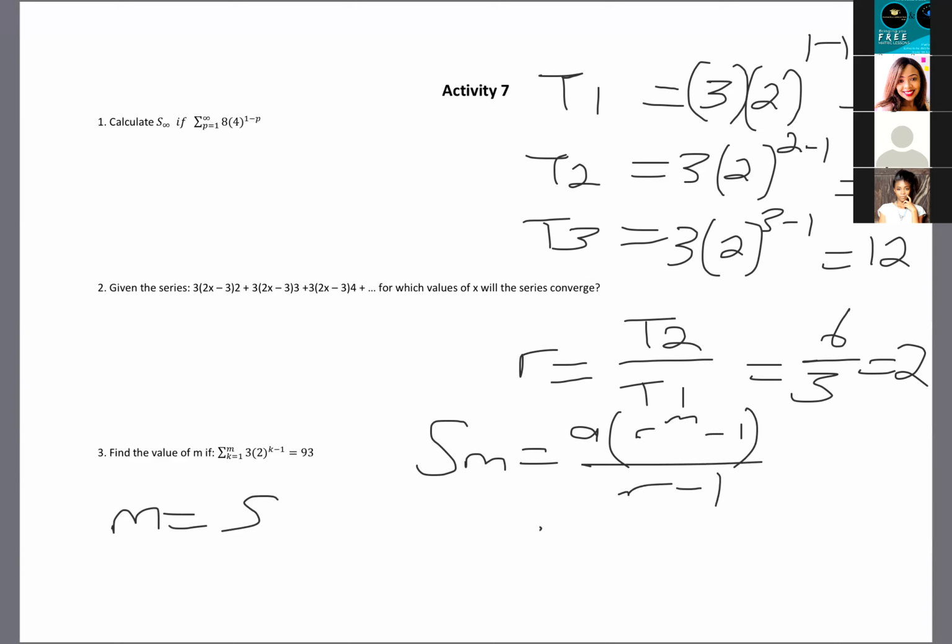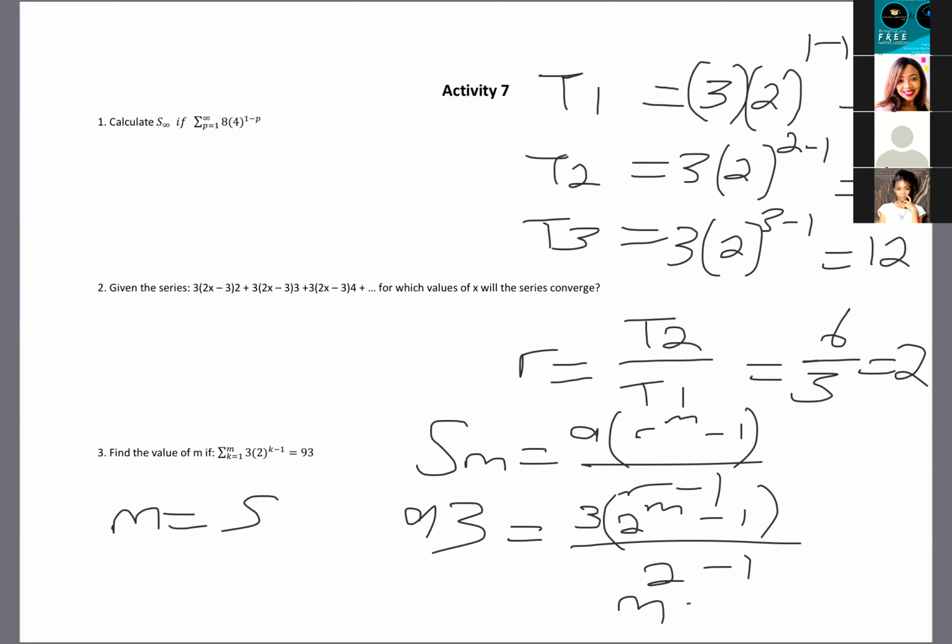So your A value is? It's 3. Your R is 2, so 2 to the m minus 1 over 2 minus 1. And your S_m, they gave it to us as 93. And then you just solved your m to be 5. That is amazing. Well done.